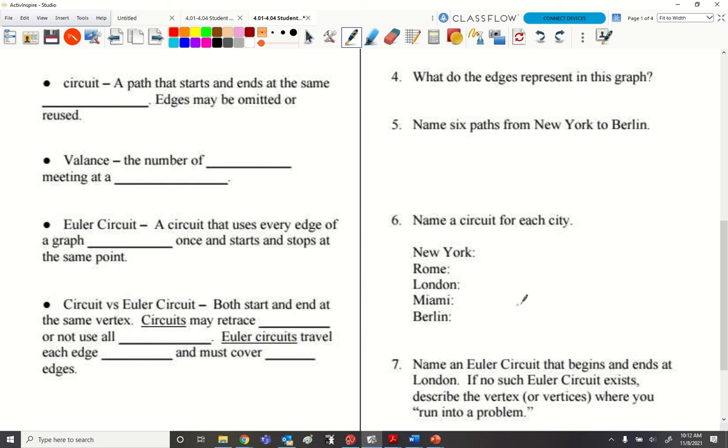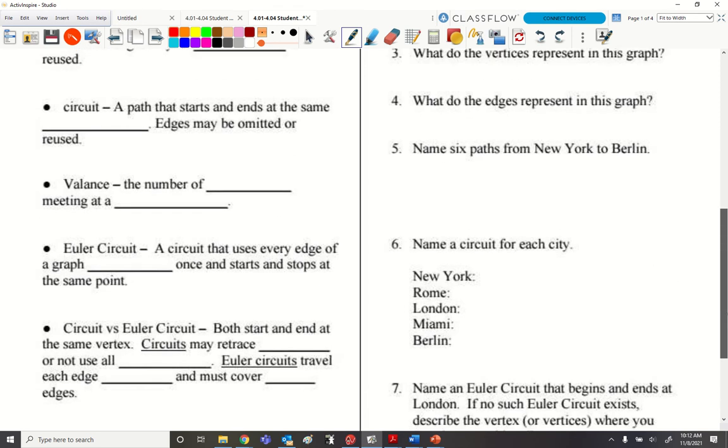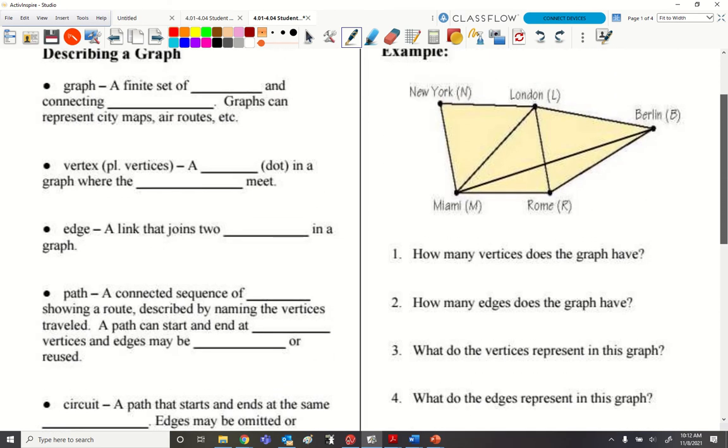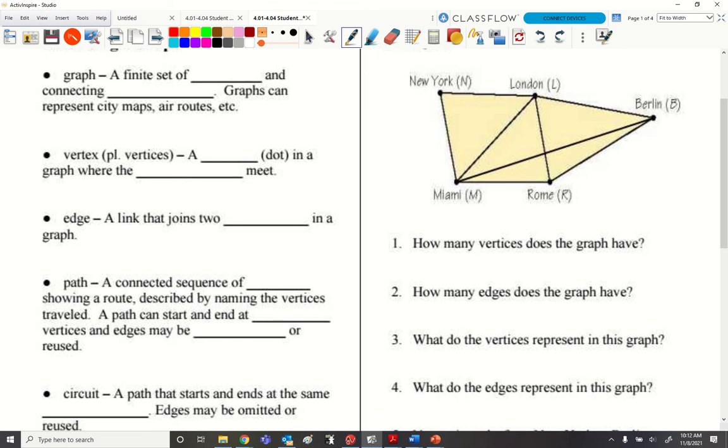Now, as we go through, we'll look up here at the top, and I highly recommend, when we do this, that I'm going to trace over it, which is probably one of the better ways to do these, by tracing over in color to show the path that we're going to take. So first thing I'm going to start off with is, how many vertices does this graph have? How many? 5.